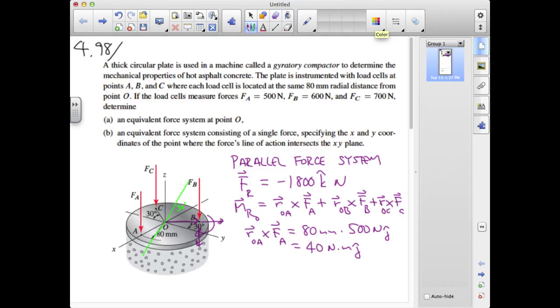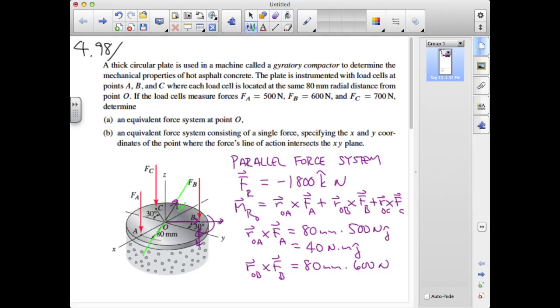So my moment is going to end up back in this direction, and I can see that that's going to have negative i and negative j components. So I could write r_OB cross F_B as 80 millimeters times 600 newtons.